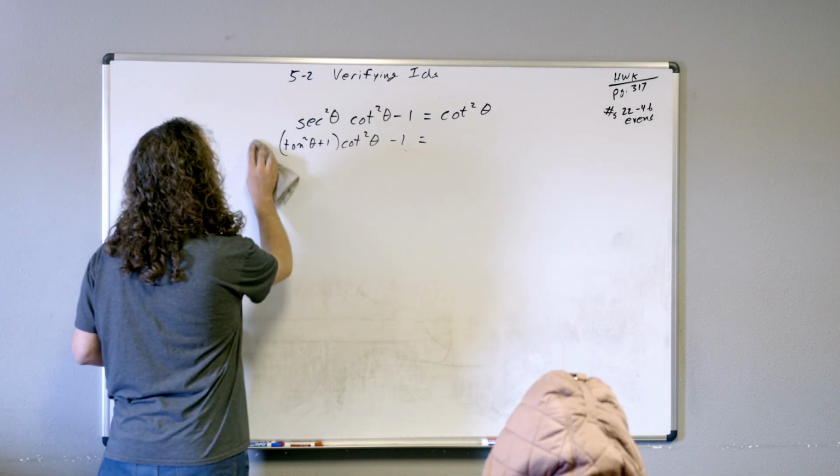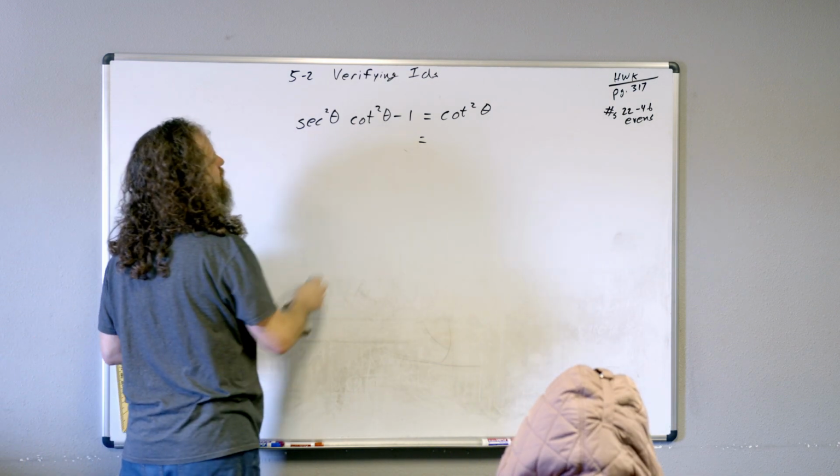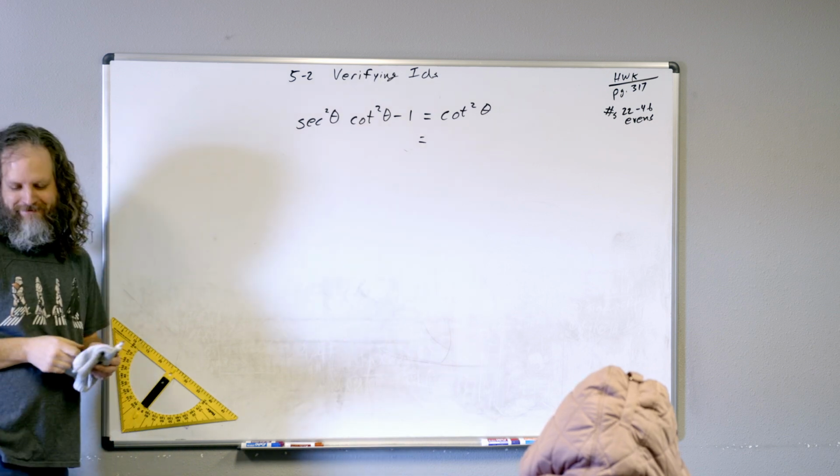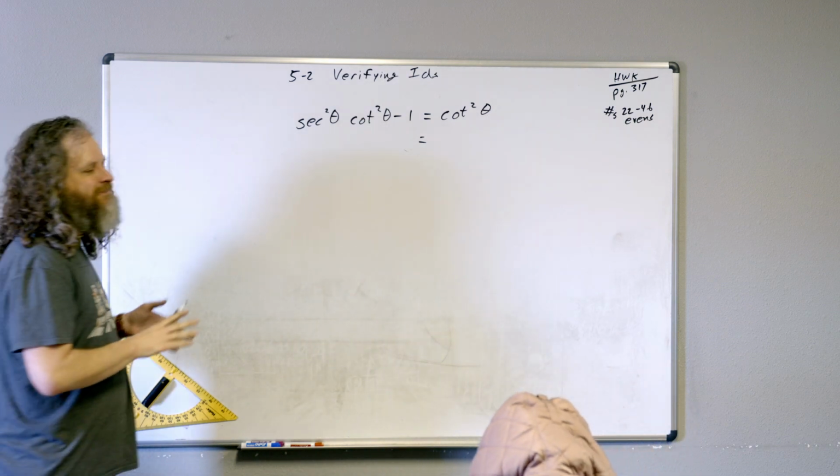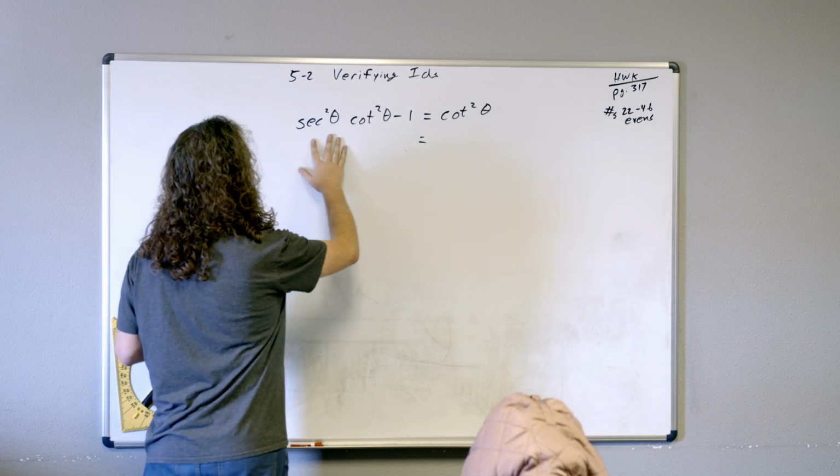What if we start instead with strategy number 1? Switch things into sines and cosines. Let's start with that, because something may disappear over here.